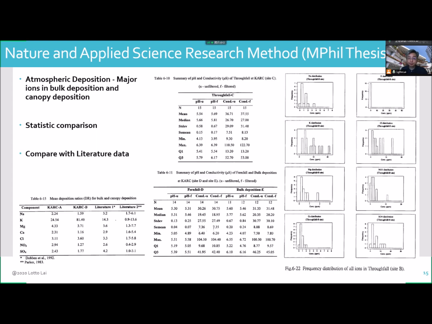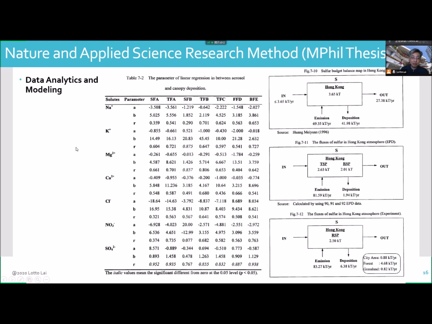We also have statistical comparison and comparison with the literature data, what I have done in rural areas and other literature reviews. I also describe different technique comparisons, filtered and unfiltered rainwater, and some frequency distributions of the data, and data analysis and modeling.